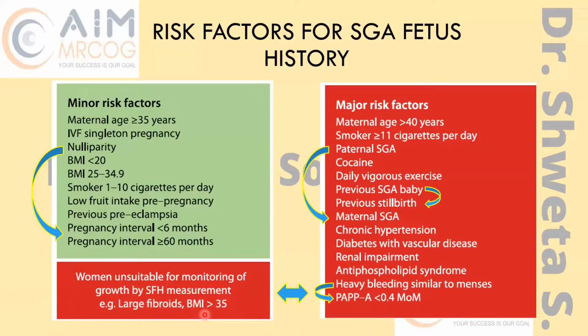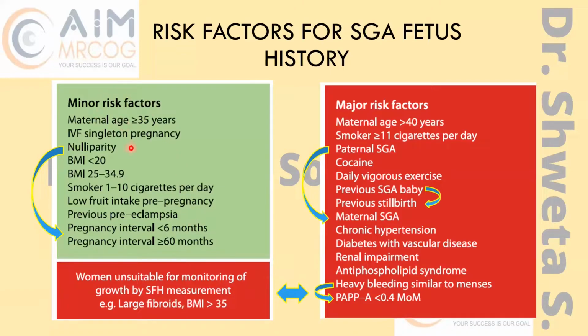So these are the things where you are not able to monitor the woman externally by symphysiofundal height or abdominal palpation. So you are doing the umbilical artery Doppler. So this one thing is enough. As I told you, major risk factor, one thing is enough for you to monitor the mother with the umbilical artery Doppler. That is a major risk factor.